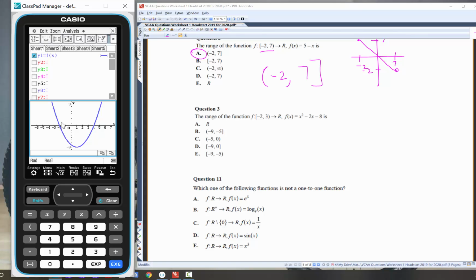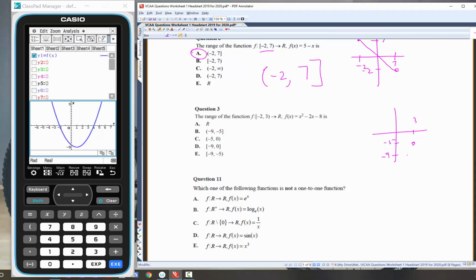Okay, so essentially this graph looks as follows. What was 3? 3 looked like negative 5 or something like that, not included. It goes down to negative 9, which happens at around about 1.